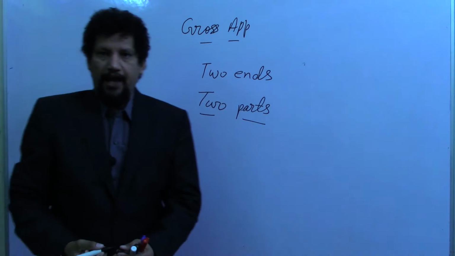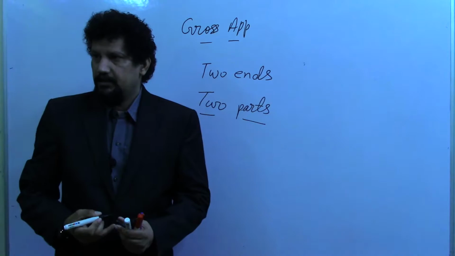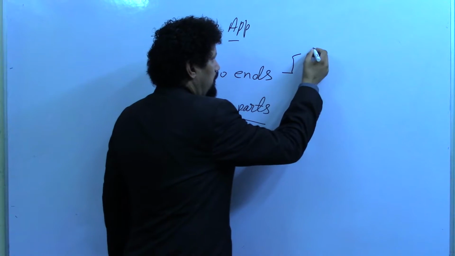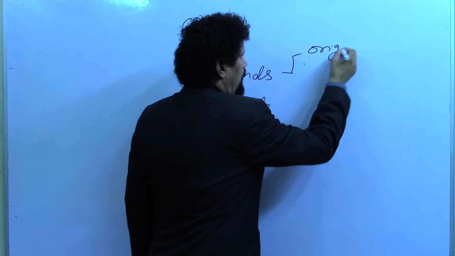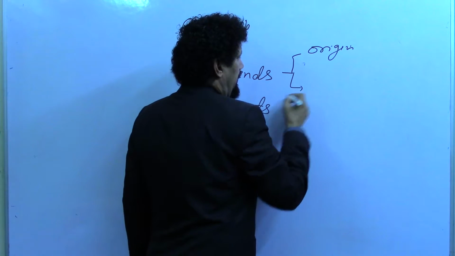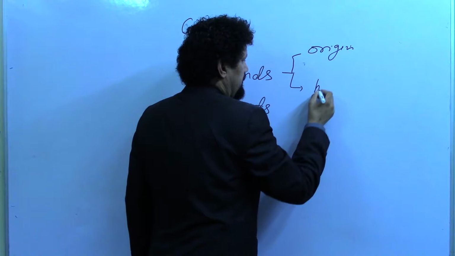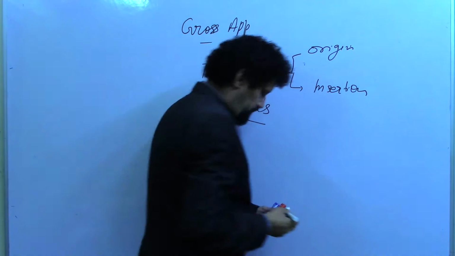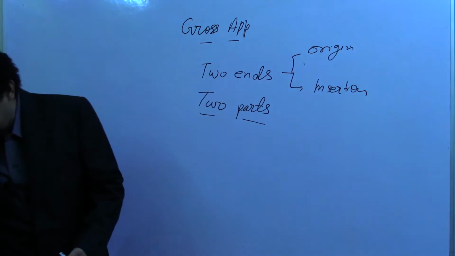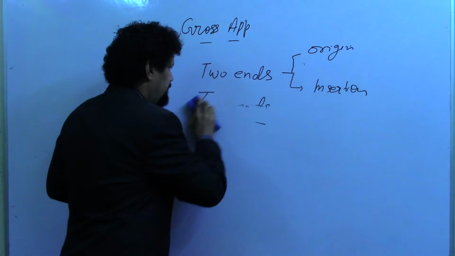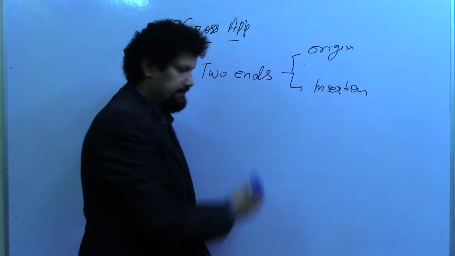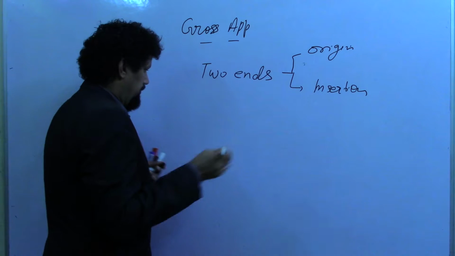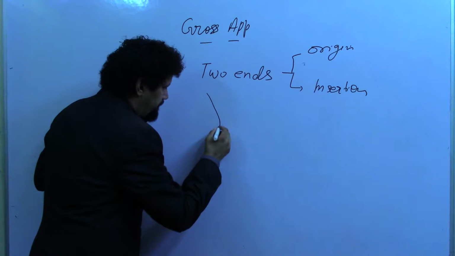The two ends of a skeletal muscle are the origin, and the second end is the insertion. A muscle is having two parts.